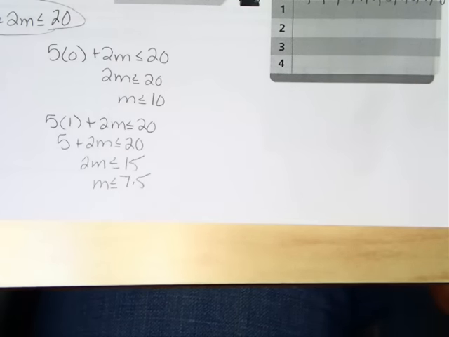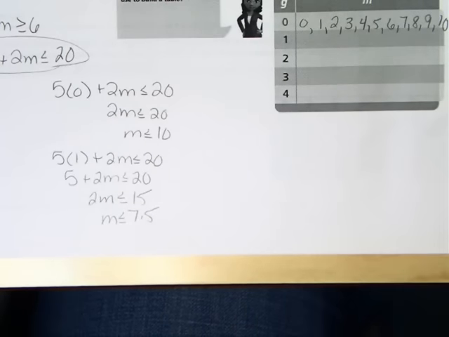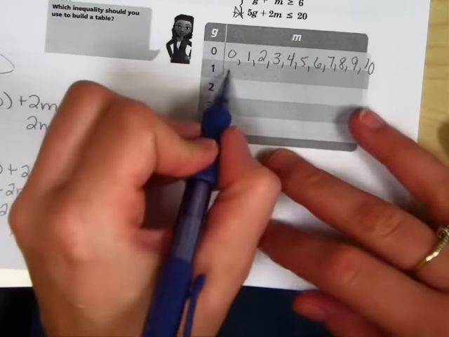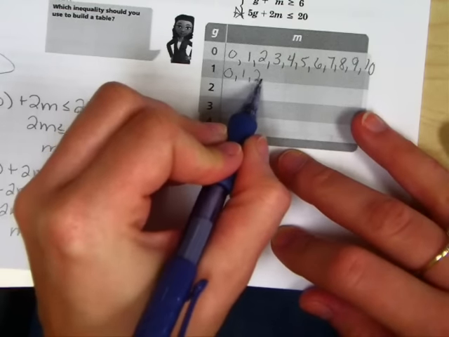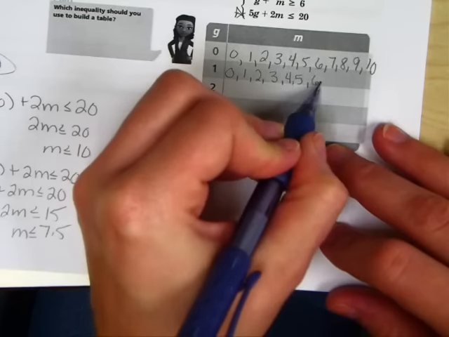Now since we're talking about whole numbers, 7.5 is not a whole number. So what's less than or equal to 7.5? 7. So we're going to go from when G is 1, because that's what we plugged in, 0 all the way up to 7, because we're talking about whole numbers, so we will not include 7.5.